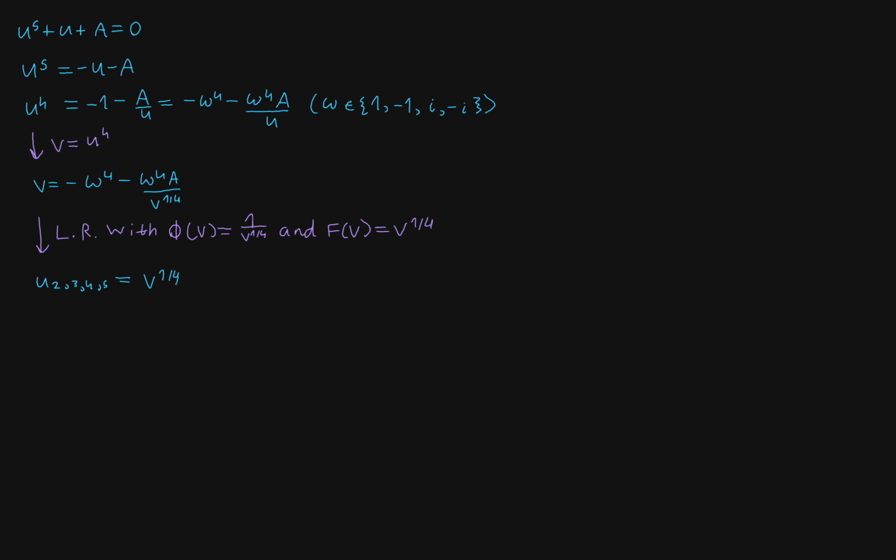Alright, so now we get all of the other solutions, u 2, 3, 4, 5, as v to the 1 over 4, which is going to be equal to minus 1 to the 1 over 4 times omega plus the sum, k from 1 to infinity, of minus 1 to the k omega to the 4k times a to the k, divided by k factorial, and we have the k minus 1th derivative with respect to v of 1 over 4v to the k plus 3 over 4.